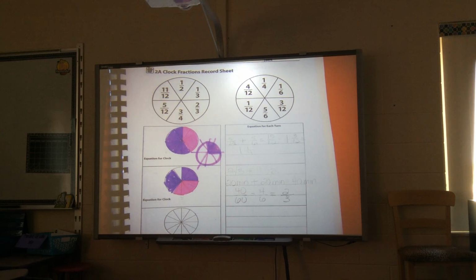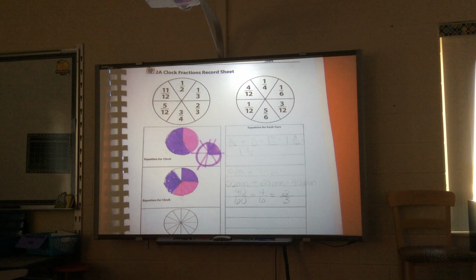If it's too big for the last clock, you lose your turn, and you must fill it in with the exact fraction that you need to be able to win the game. So I would lose my turn, and then it would become my partner's turn to play again. The first person to fill up 3 full clocks completely with nothing overflowing is the person that wins.